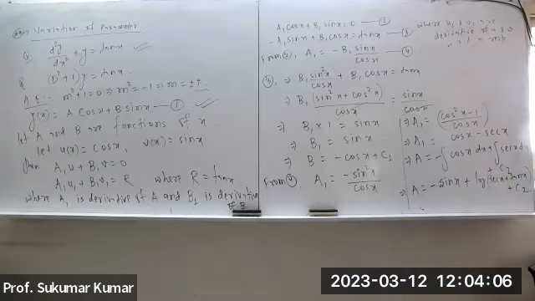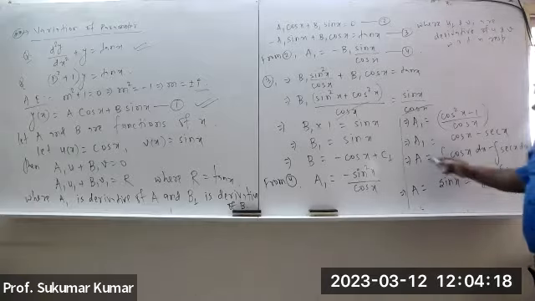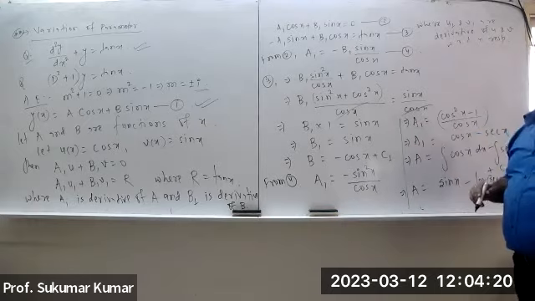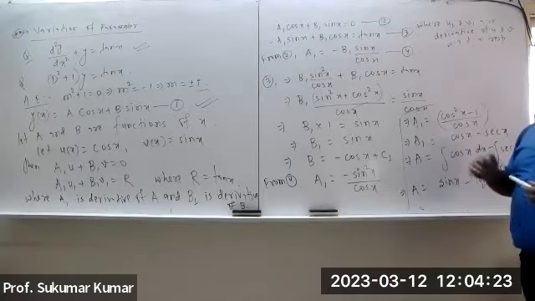Minus sin square x, correct. This A value and B value we have to put in equation 1. CF and PI we can get.